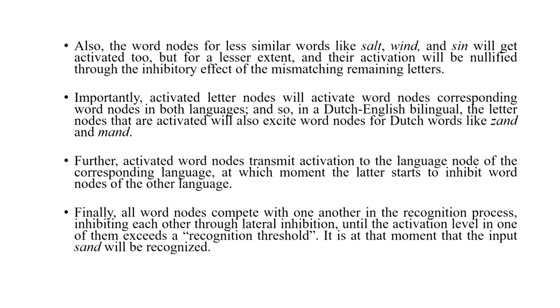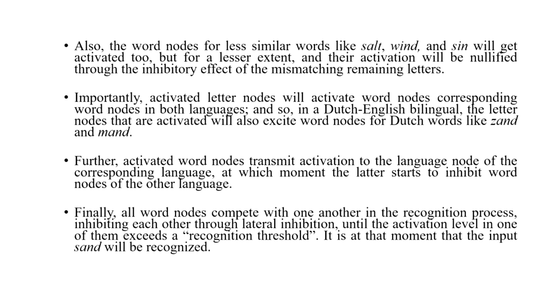So, while words like hand, which share 3 letters with the word sand, will get more activation, words like salt, which only shares 2 letters with the word sand, will get slightly less activated. This is basically something that we call graded activation. However, the activation of these less similar words will be nullified through the inhibitory effect of mismatching remaining letters, which is being manifested through the lateral inhibition process.